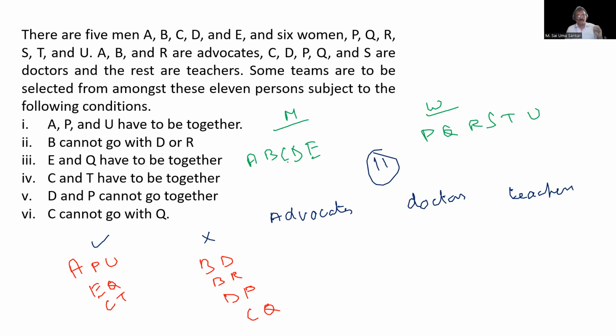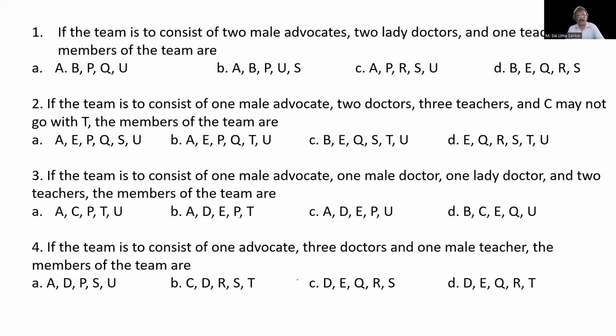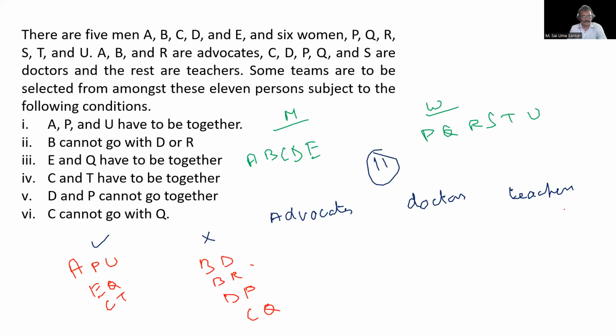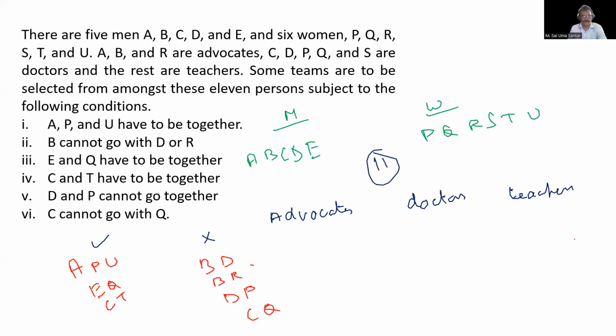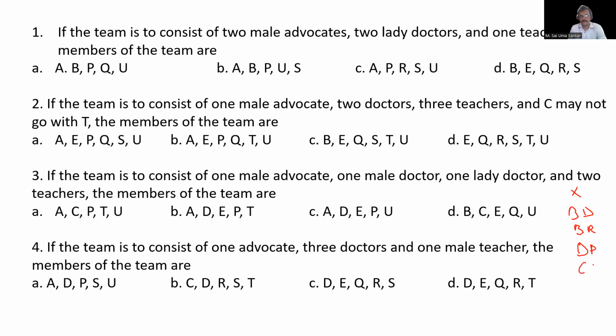But we know the total male members A, B, C, D, E and women P, Q, R, S, T, U, and APU must go with each other, EQ and CT. BD, BR, DP and CQ are not valid.